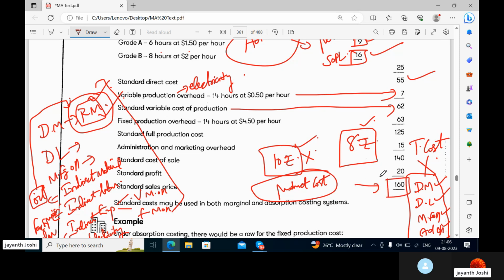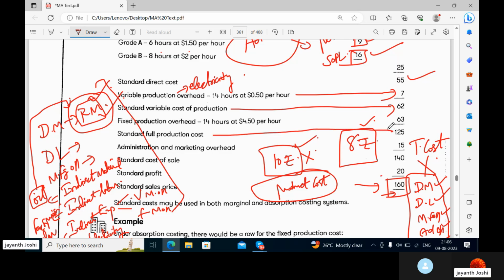Why? Because when we really produce the product, we are going to check what the cost turns out to be and compare it with this. We are going to see whether what we estimated is more or less than what in actuality we have incurred.